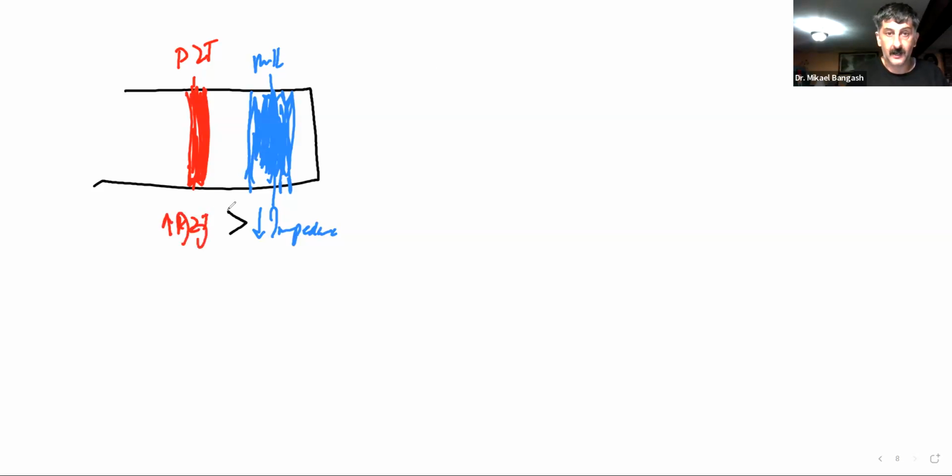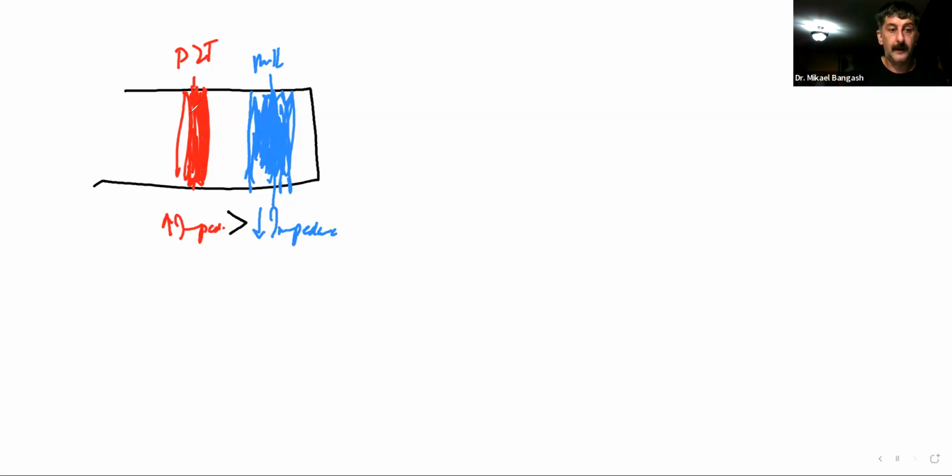So the PZT here is going to have a greater impedance. Clear?